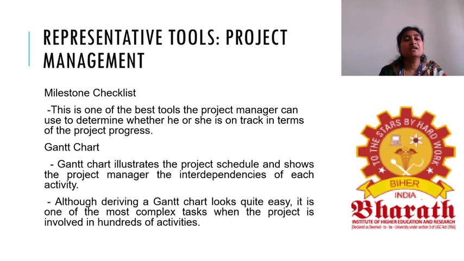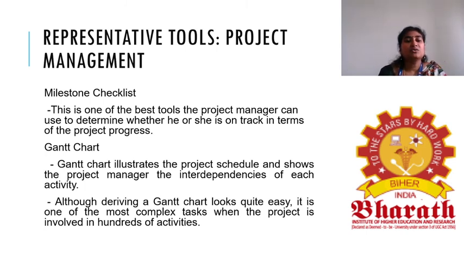So these tools will be helpful in creating a milestone checklist. One of the best tools to determine whether a team member is on track in terms of the project progress. So the progress of a team member will be tracked based on the project schedule, and when some team member is identified as not being on track of the project, then immediately some action is needed to be taken by the project manager to make him or her to be back on track.